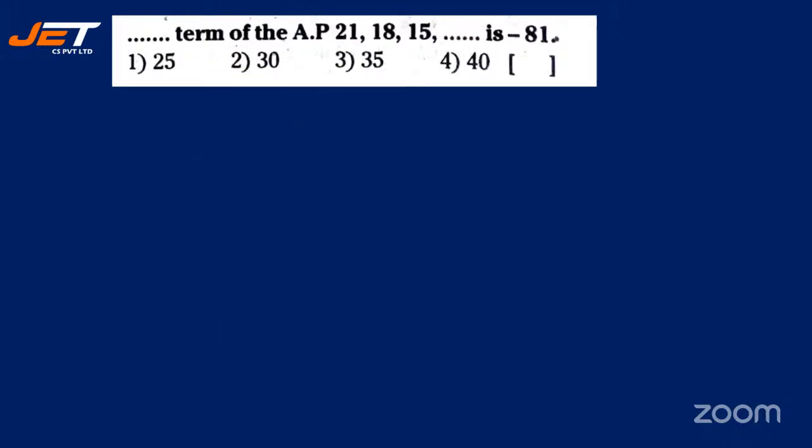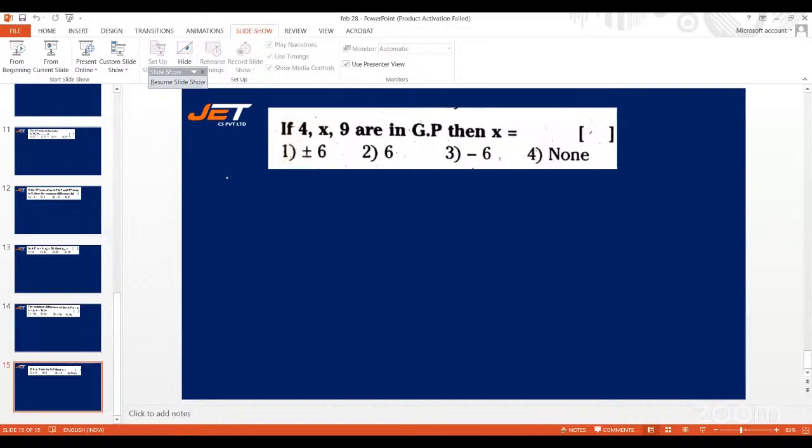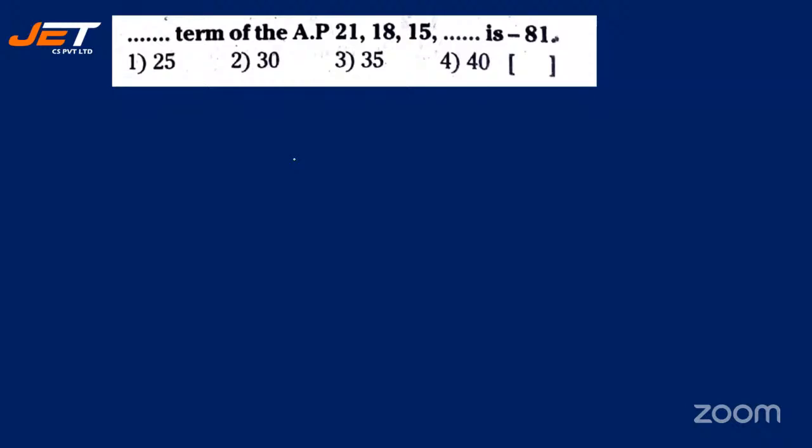Dash terms of the AP 21, 18, 15 and so on is minus 81.